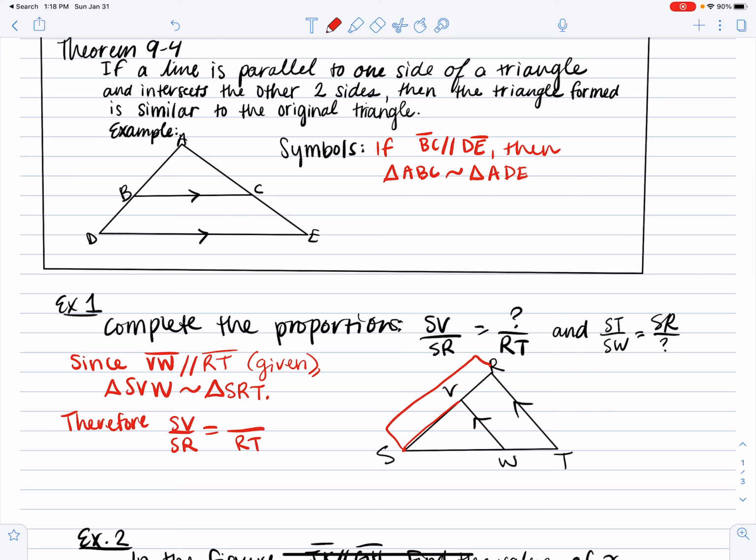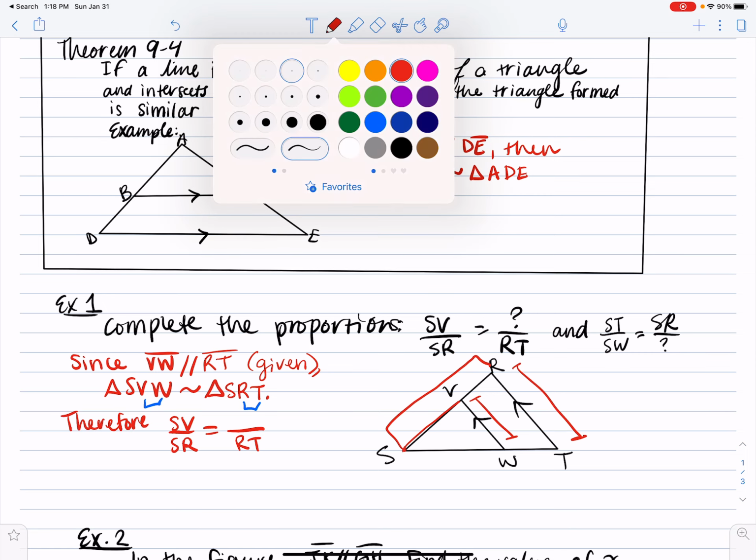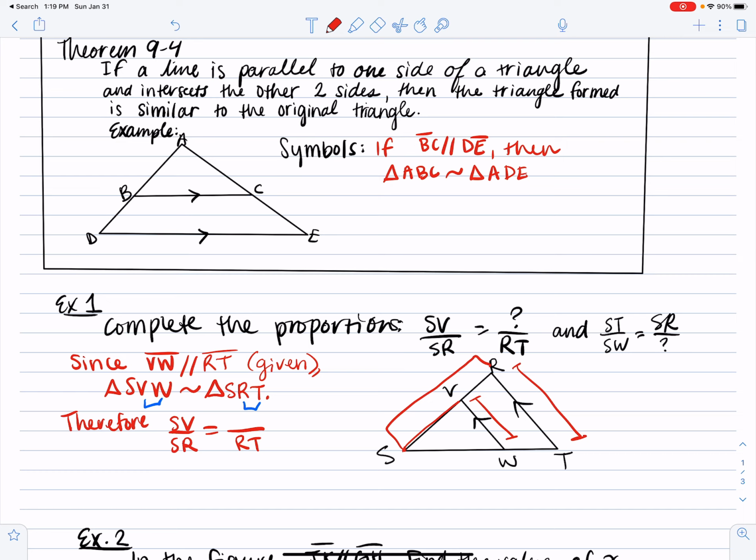Well, RT is over here, so it matches with this one in here. Remember, order matters. If we're talking about RT on this triangle, we're talking about VW on this triangle, so we have to write it in that order, VW. That's our answer to that.